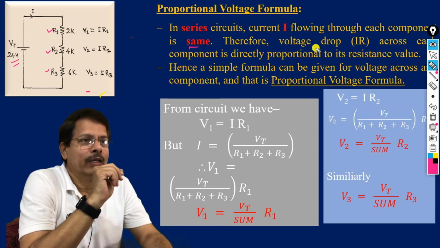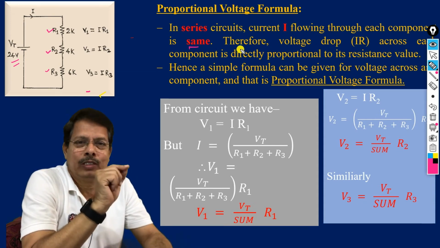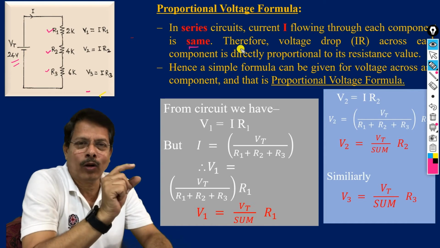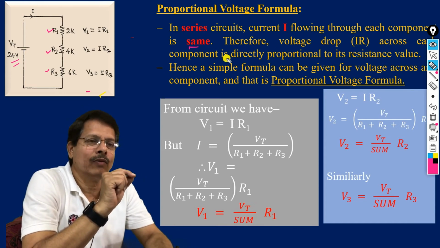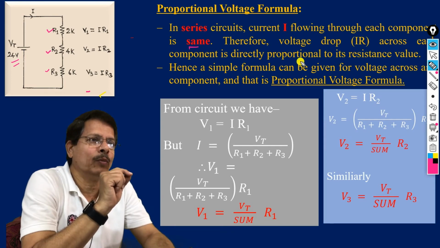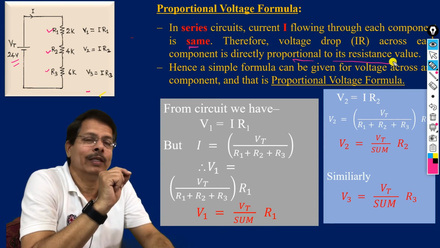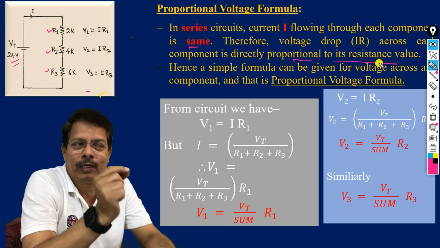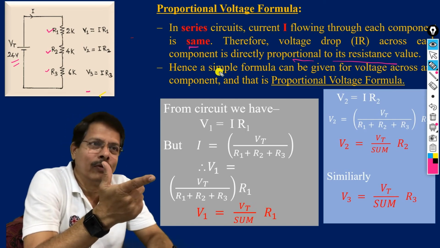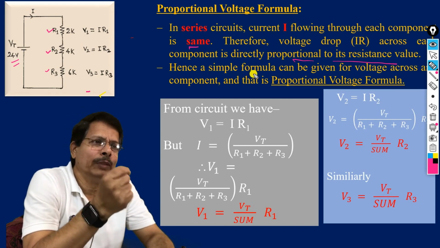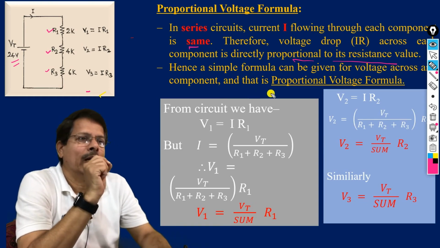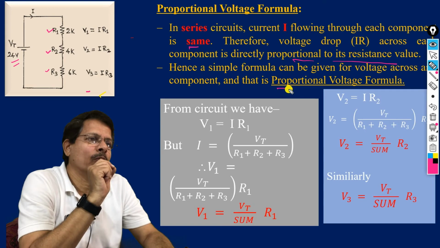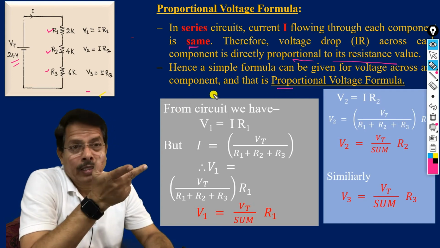And therefore the voltage drop, which is equal to IR, the product of current and the value of that resistance, as I is constant for all, will be directly proportional to its resistance value. We are taking advantage of this, and hence a simple formula can be given for voltage across a component, and that is the proportional voltage formula.